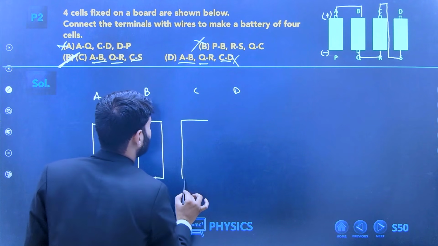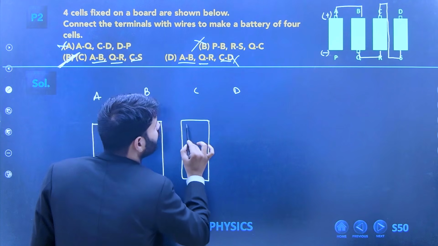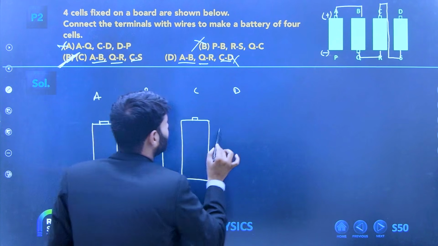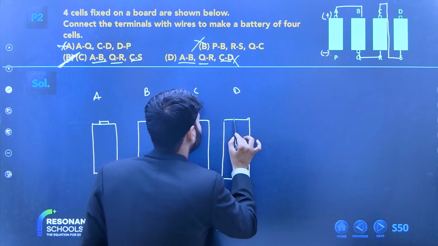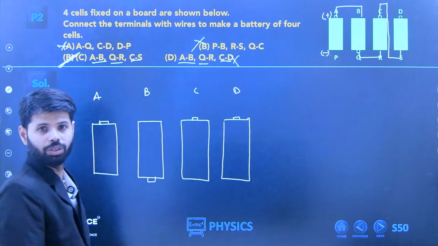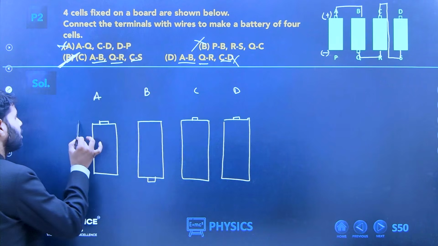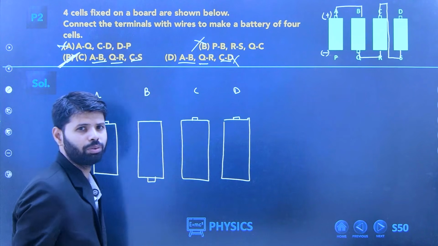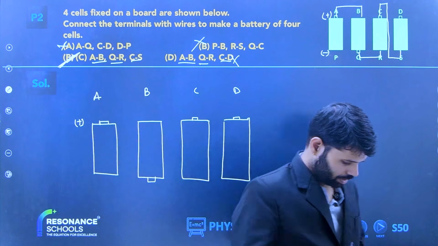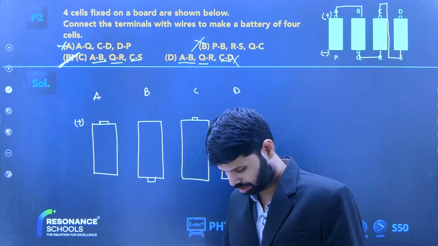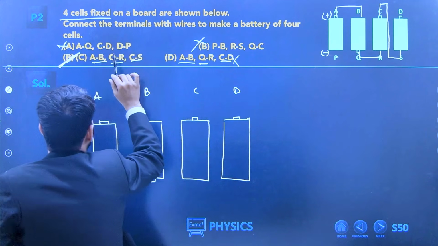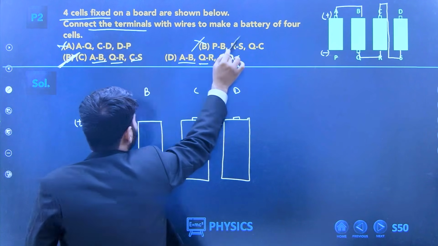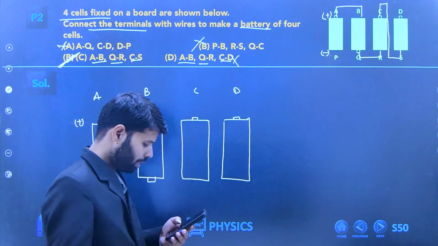And this is another cell having the positive upwards, and this again has positive upwards. Now can you see this is plus? Do you guys agree with me or not? Someone said, sir, I did not understand the question. The question is, if four cells are given, then how should we connect the terminals to get a battery? Now you understood the question.